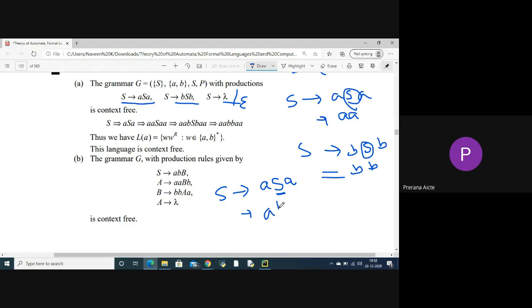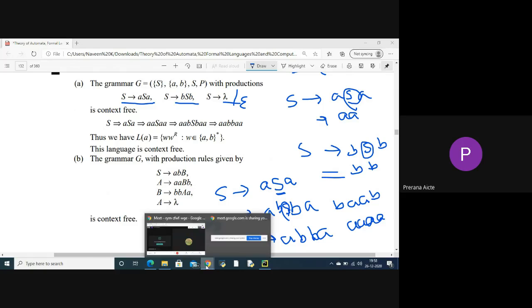If I replace it with BSB, and again S is replaced by epsilon, the string is ABBA. In the same manner, there is a possibility of BAAB, four A's and four B's also.